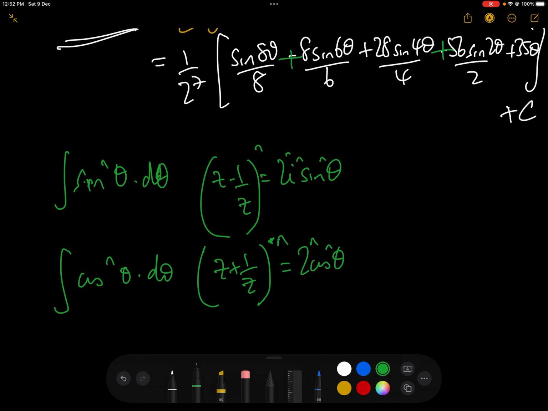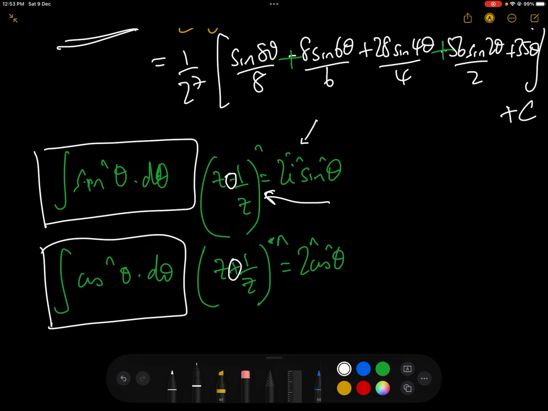So everything would be identical. i to the n would cancel out because n is even, and we would end up with an identical expansion, except that every other element in the expansion would be minus here, and all of them would be plus here, but otherwise they would be absolutely identical. So that is why the integral of cos to the power of n theta d theta is almost identical to the integral of sine to the power of n theta d theta, except all of the negative terms are positive.